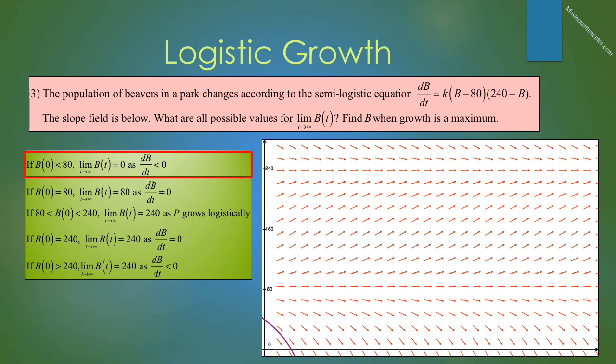Suppose the initial number of beavers is less than 80. As we can see on the slope field, the population of beavers dies out. And since the number of beavers cannot be negative, the limit of B(t) as t approaches infinity is equal to 0.